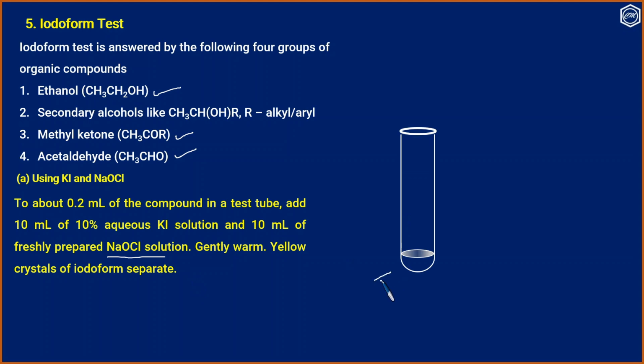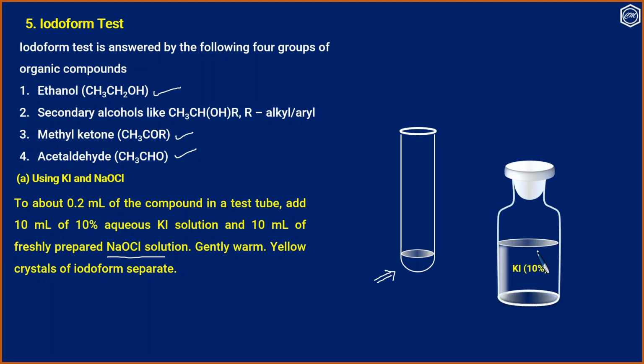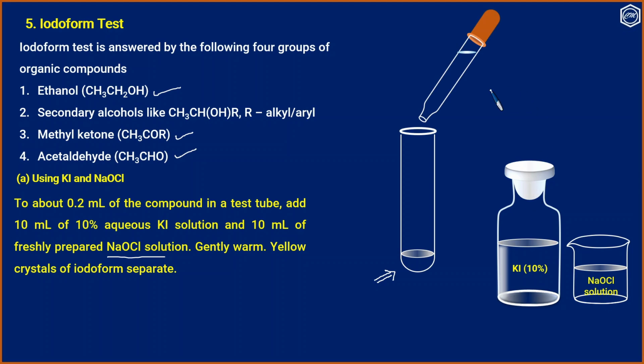So this is the given substance, and 10% potassium iodide solution, and this is a freshly prepared solution of sodium hypochlorite. First we add about 10 ml of this potassium iodide solution. After that, we add 10 ml of sodium hypochlorite solution.